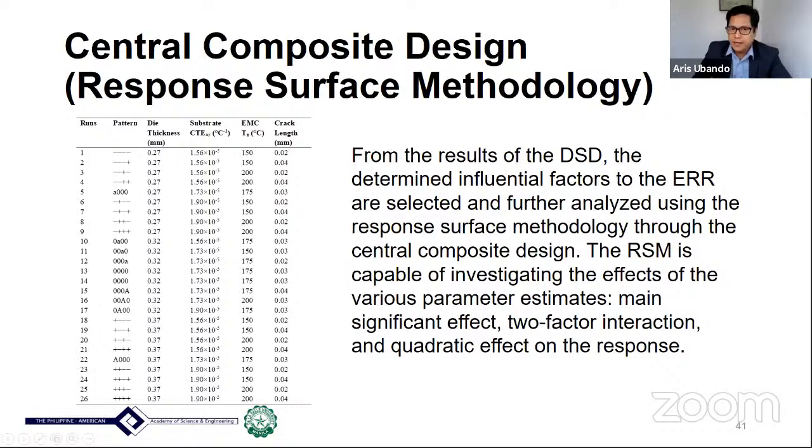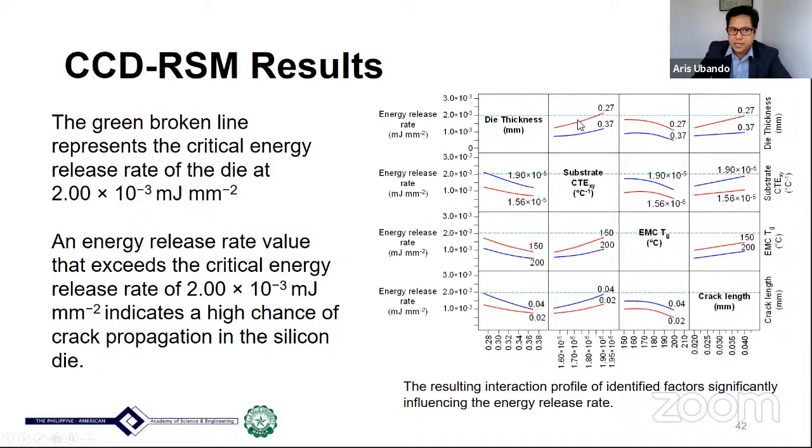As shown here, the green line actually quantifies the critical energy release rate for the silicon, so that we know if any of the lines touches the green line, we know that there is a high probability that the silicon die would actually crack, propagate the crack that we actually initially introduced.